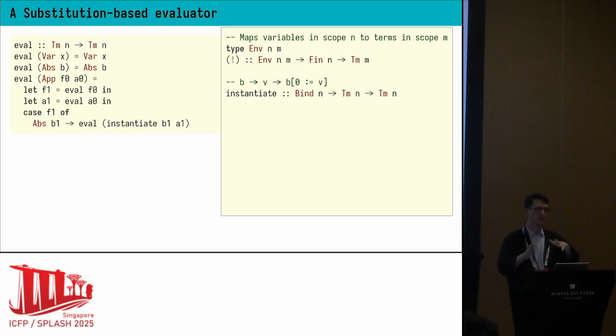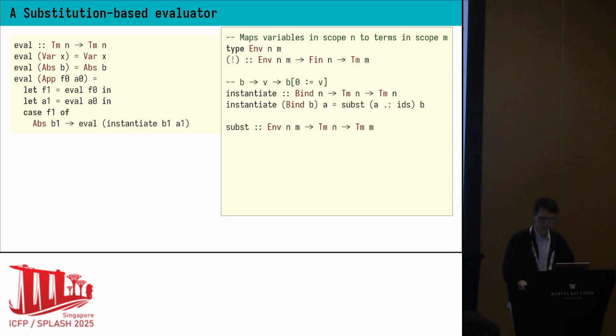Instantiate should replace the first variable, the bound one, by the argument and leave all of the others untouched. So we create a parallel substitution which does just that using this, can I point here? Yes, I can. This combination operator to replace the first variable by the argument and leave all of the others untouched, acting as the identity.